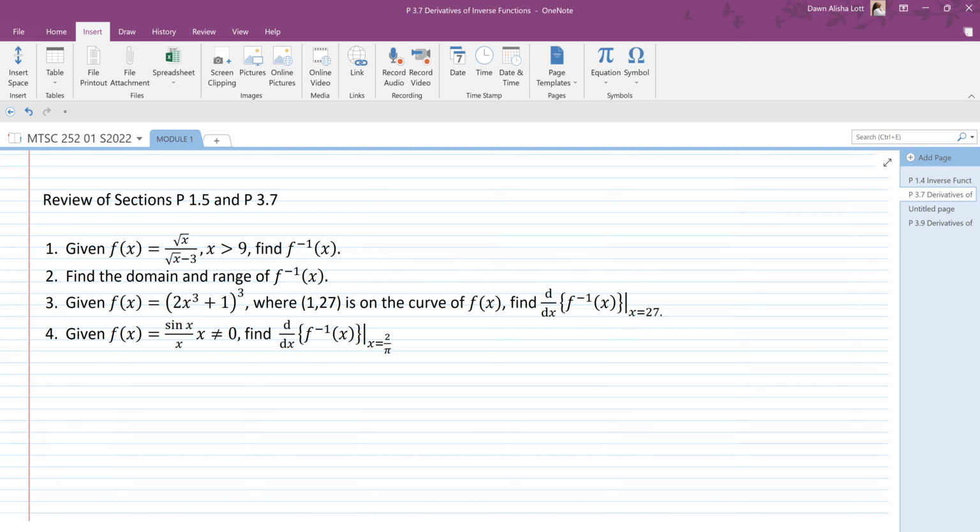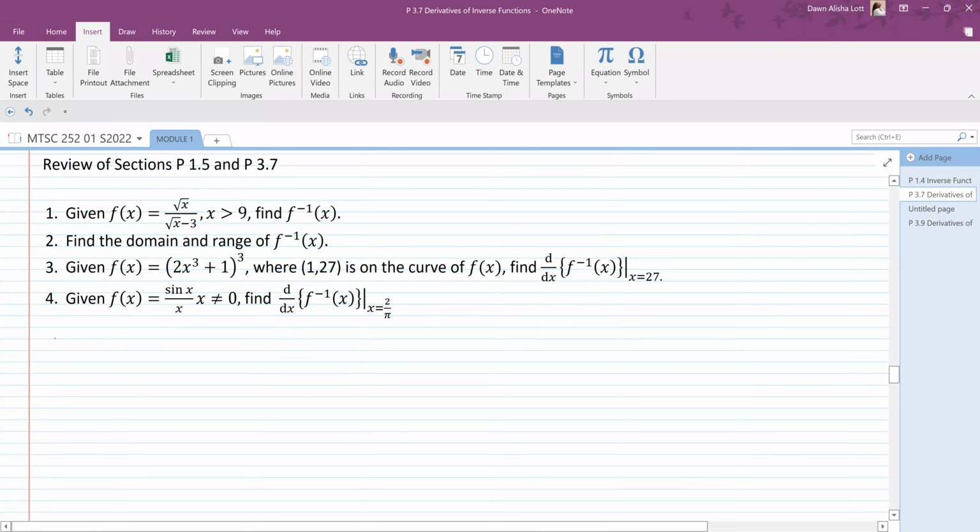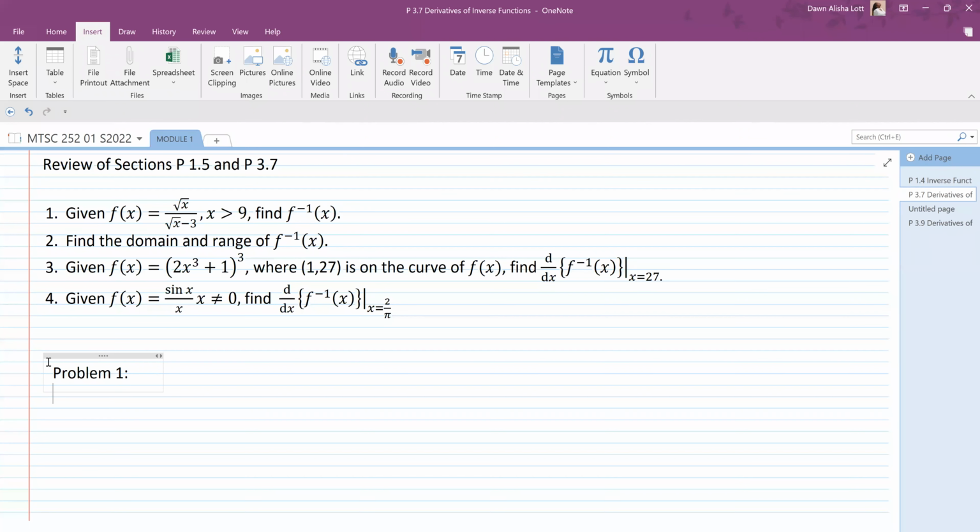So what I normally do for problem 1, my steps are to first write the function. Then switch x with y.